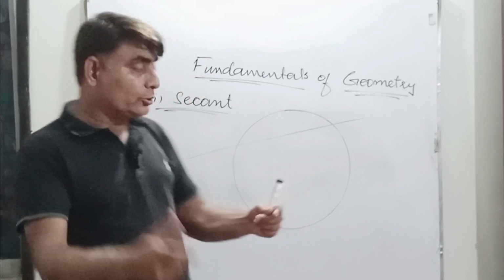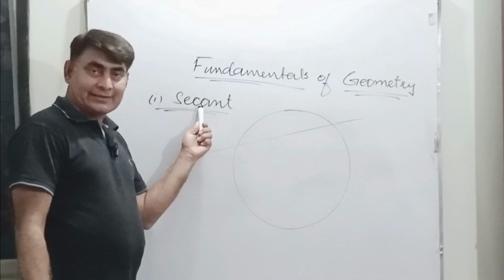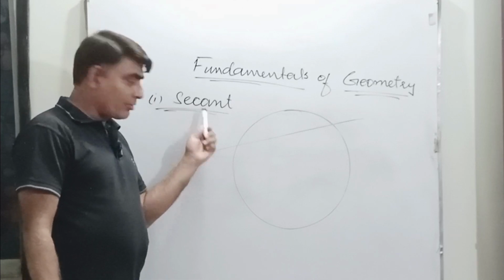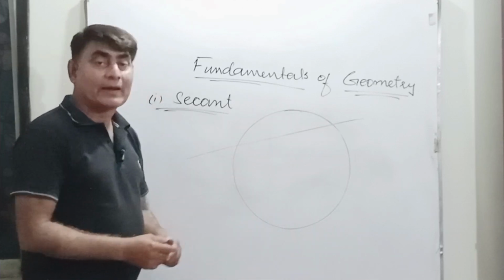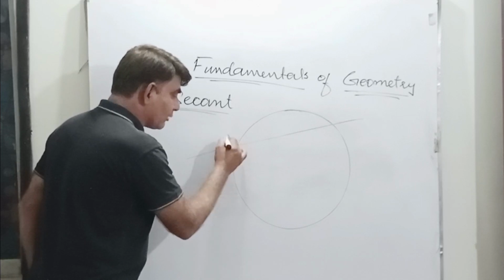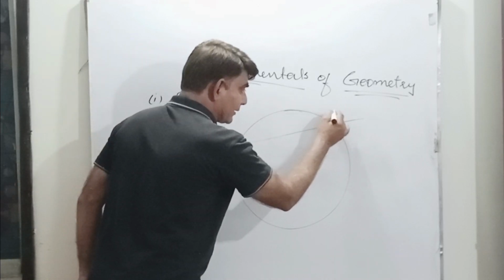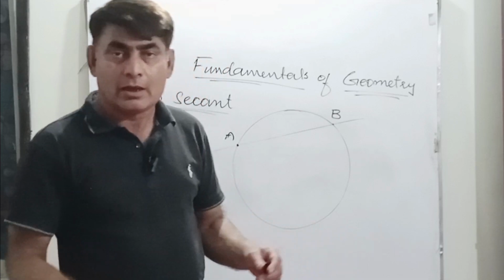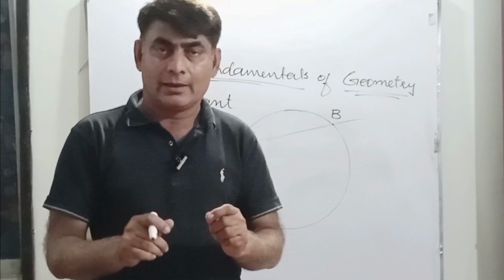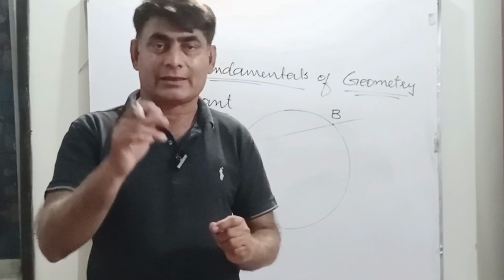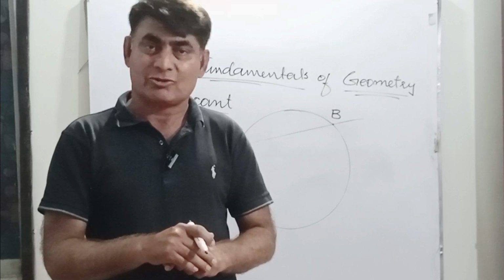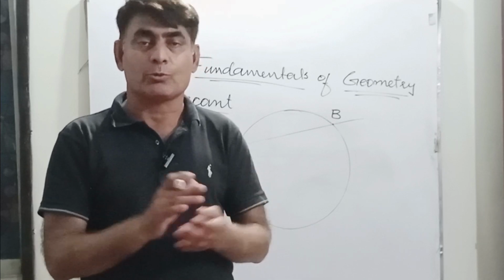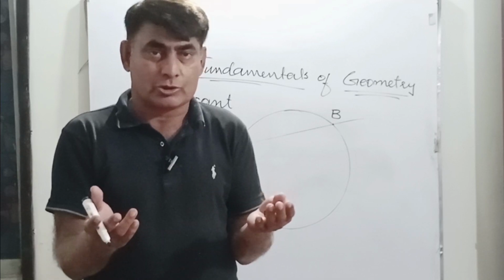When we are going to discuss secant, a secant is that line that cuts the circle at two different points. So one solution for this one and one solution for this one. So 2 points are in common between the curved line and a straight line. A straight line meaning a linear equation, a curved line a quadratic equation.